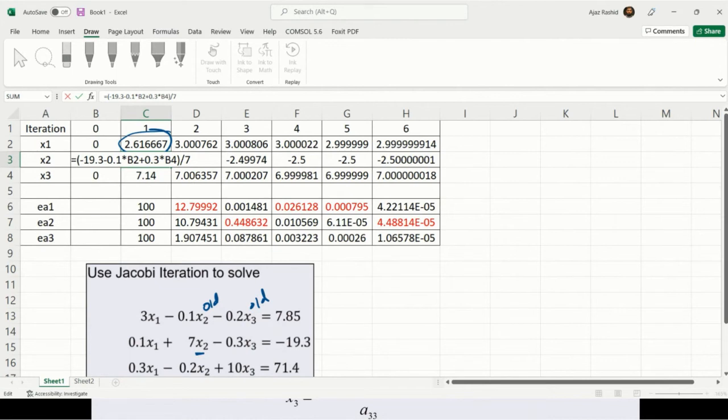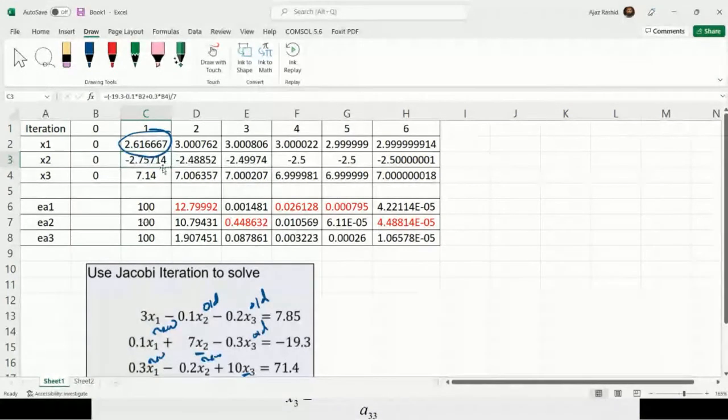So the Gauss-Seidel method says, why use the old value of x1 here? Why not use the new value of x1, since we already have it? We don't have a new value for x3, so we can still use the old value for x3. Once you come to find x3, we already have a new value for x1 and for x2, so use the new values where available.